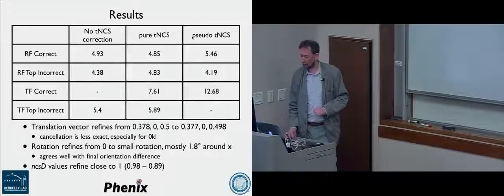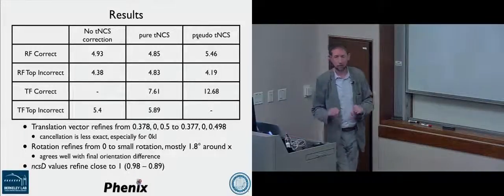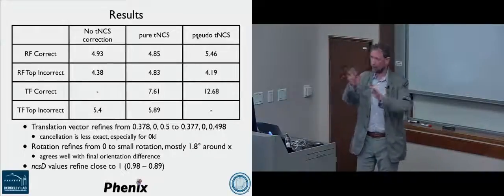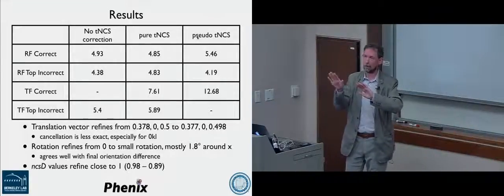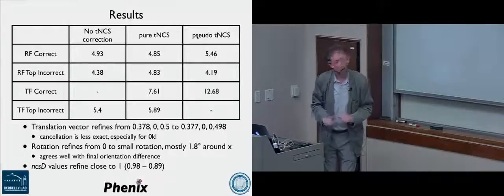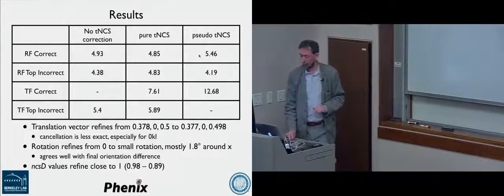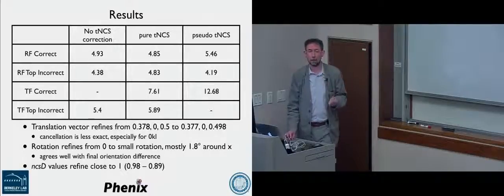If we do the more correct thing, which is to assume this is pseudo-translational NCS, where there is some rotation and the translation is not exactly some fraction of the unit cell, then we get better discrimination at the rotation peak level. These are better separated, and the only peak we get out of the translation function is the right one, and it has a much higher significance.